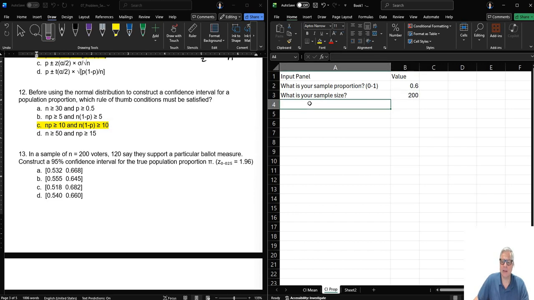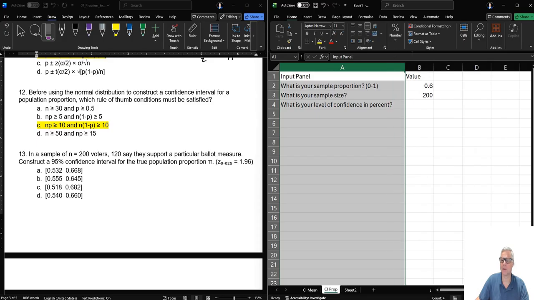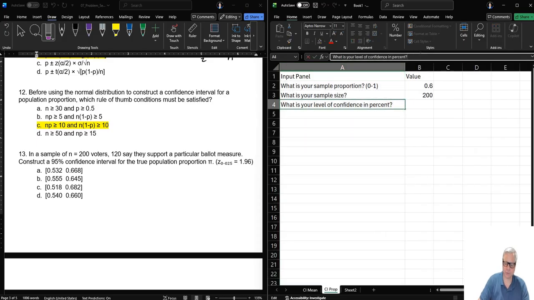Then what we need next is, what is your level of confidence in percent? Which is 0 to 100. We can put that also here, just to make that clear.